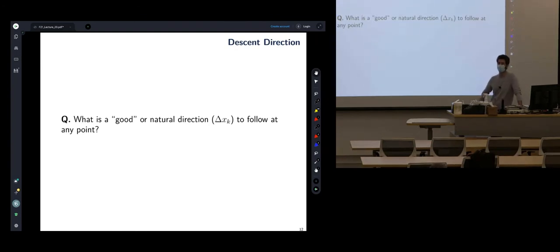If every time I generate a random delta x, and then try to follow that direction to minimize my function, what's wrong with that? Random is fine, right? I can write an algorithm, draw a random direction vector, first move here, next time I'm moving here. That's perfectly fine. But what's wrong with it?